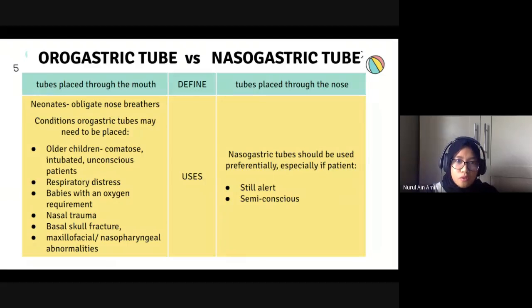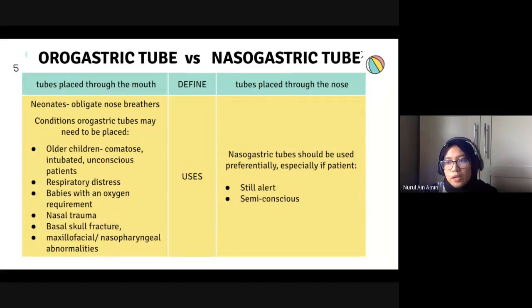Okay, and conditions where it needs to be placed are for older children who are comatose, intubated or unconscious patients. Meanwhile, for nasogastric, which is usually put through the nose, it should be used preferentially, especially if the patient is still alert or semi-conscious.